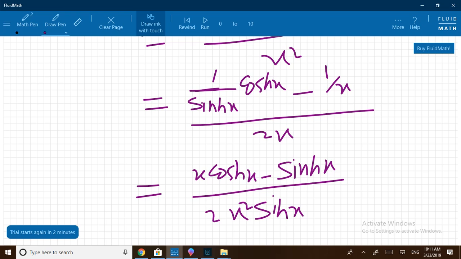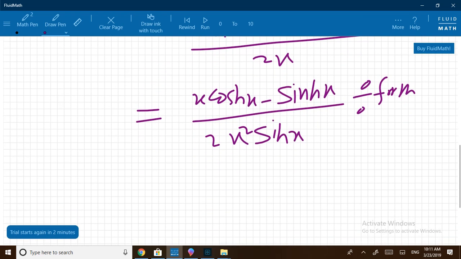Okay, it is again 0 divided by 0 form. Since it is again 0 divided by 0 form, what do we do in case of 0 divided by 0 form? We apply the L'Hopital rule.